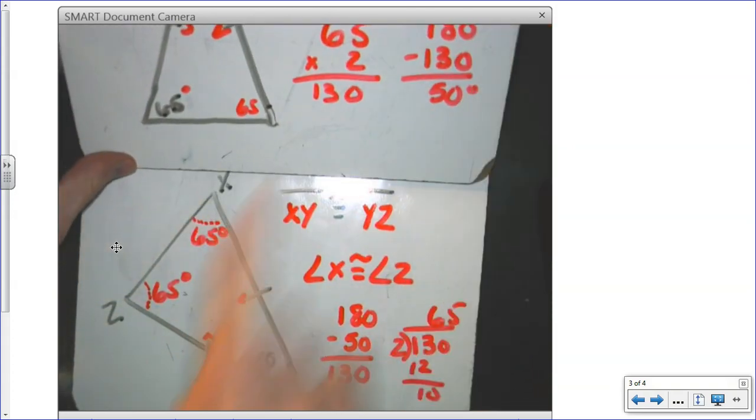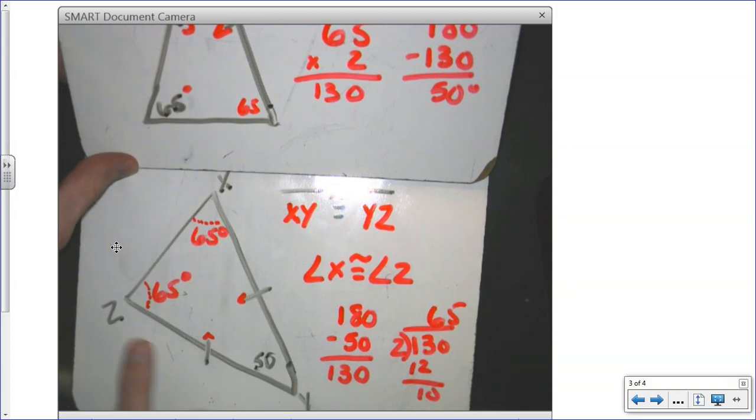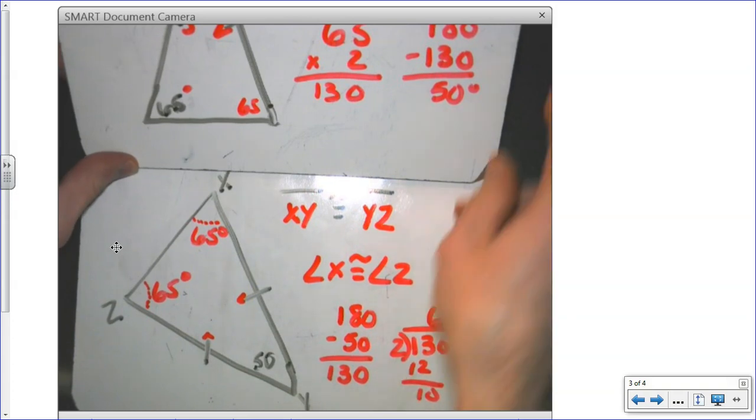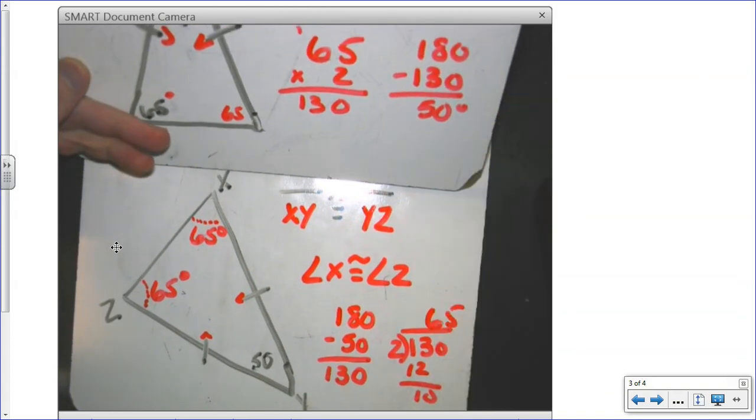Over here in triangle XYZ, it's the exact same example as this problem, by the way. Over here, we gave you the different angle, okay? We had to subtract away the different angle and then divide by 2. If we take a look at my work, they're very similar procedures. They're just opposite in ways, okay?